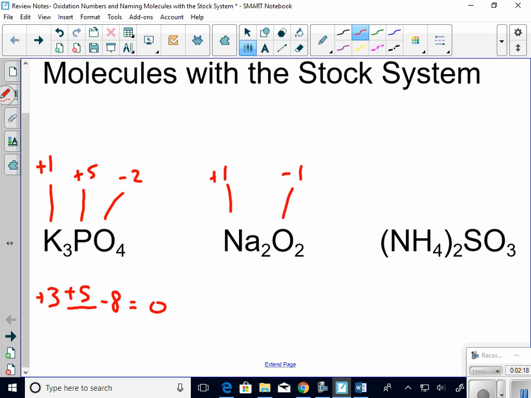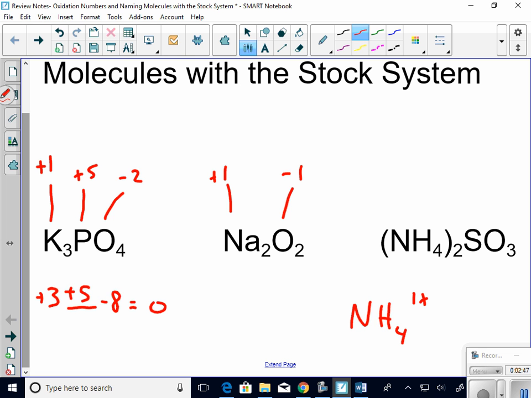Now, on this last one here, this last one could get confusing because you have so many things going on there. So how I like to do this last one is I like to break them down into the polyatomics. I know that ammonium is NH4 plus 1.